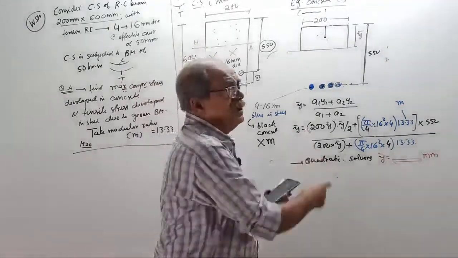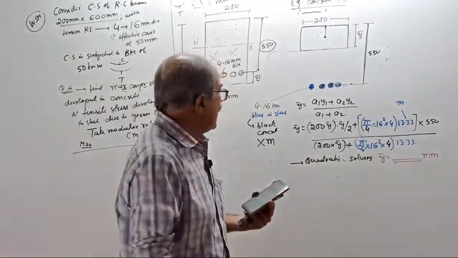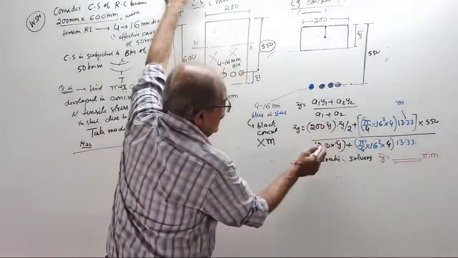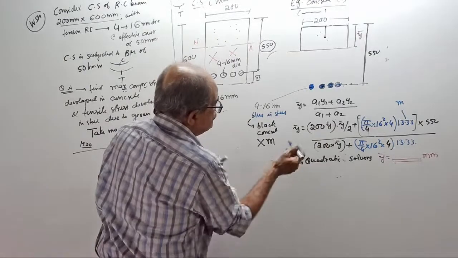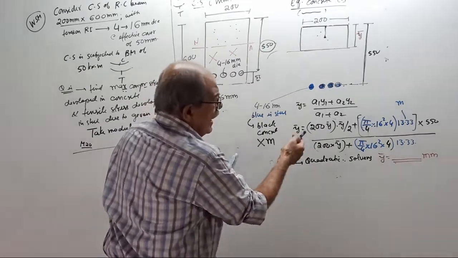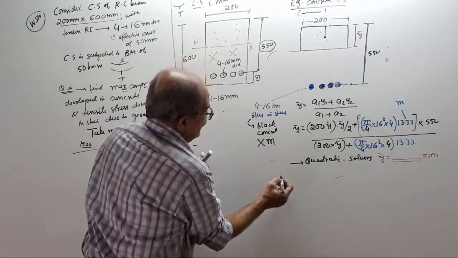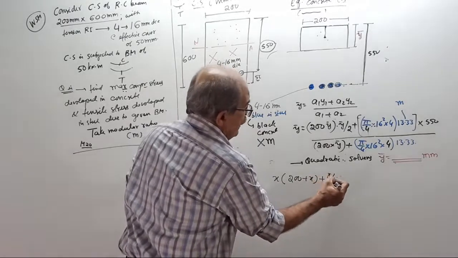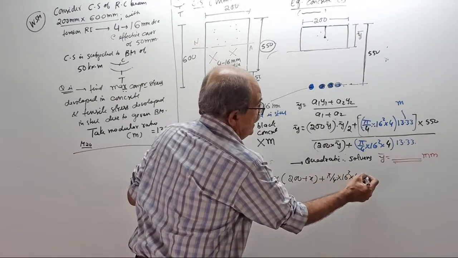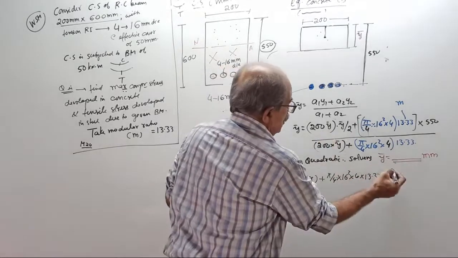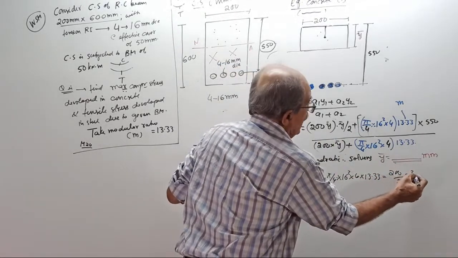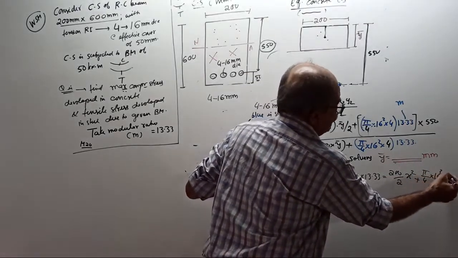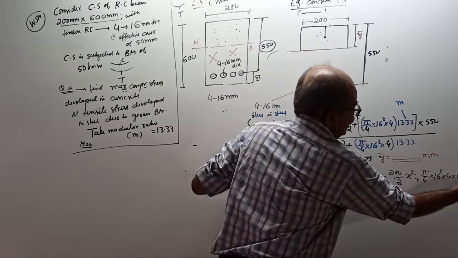How to solve? Use the calculator. See, in the calculator, you take y bar as x. Then your equation will become: x into 200 plus x plus pi by 4 of 16 square into 4 into 13.33 equal to 200 by 2 x square plus pi by 4 of 16 square into 4 into 13.33 into 550.